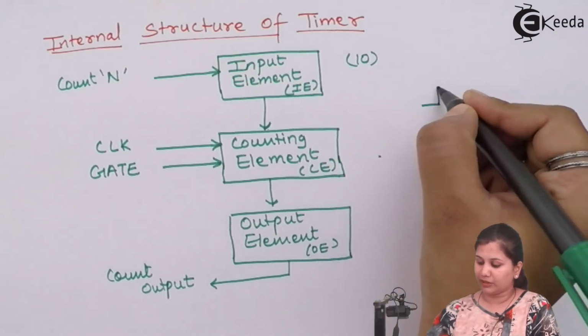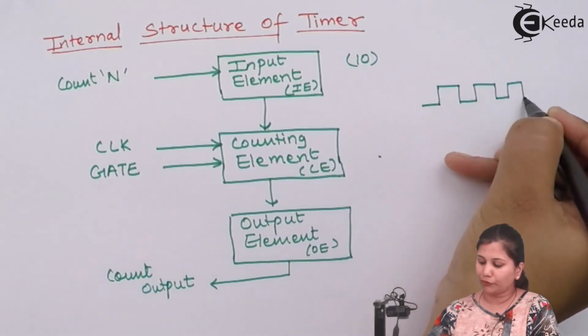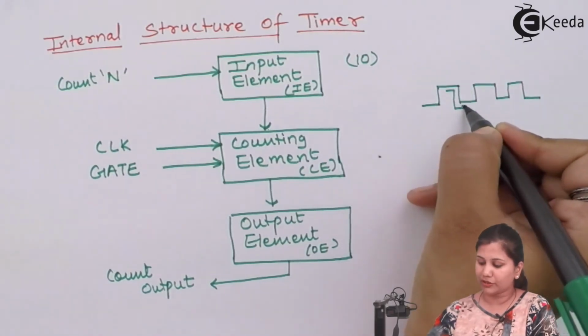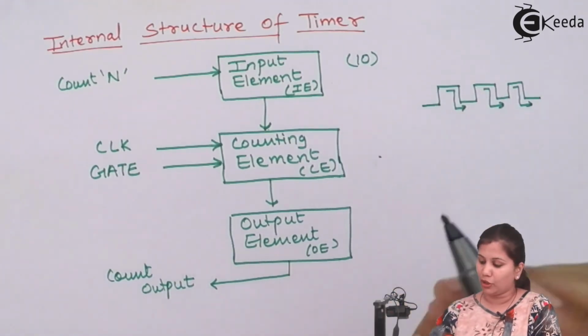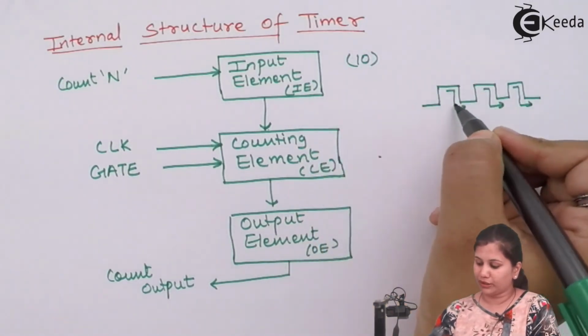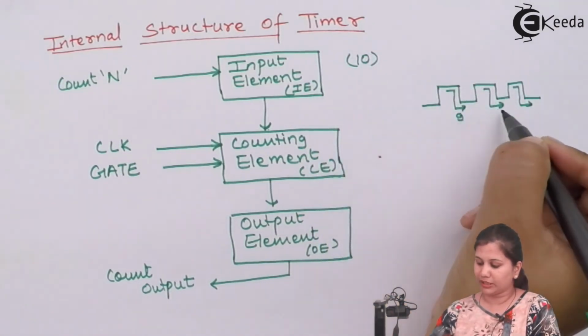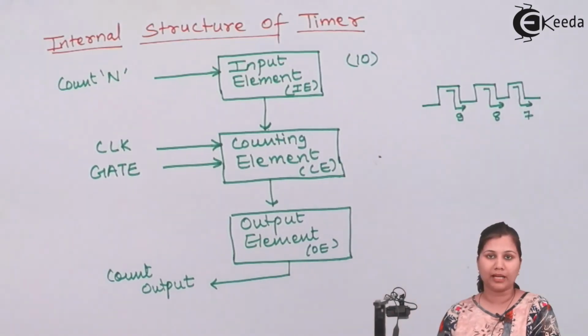If this is the clock pulse, then for every high to low transition the counter is going to be decremented. Suppose we have loaded the counter with 10, then for this it will become 9, for this it will become 8, and for this high to low transition it will become 7.